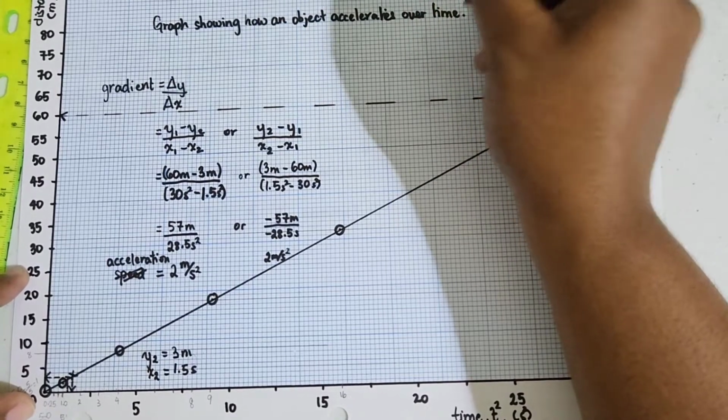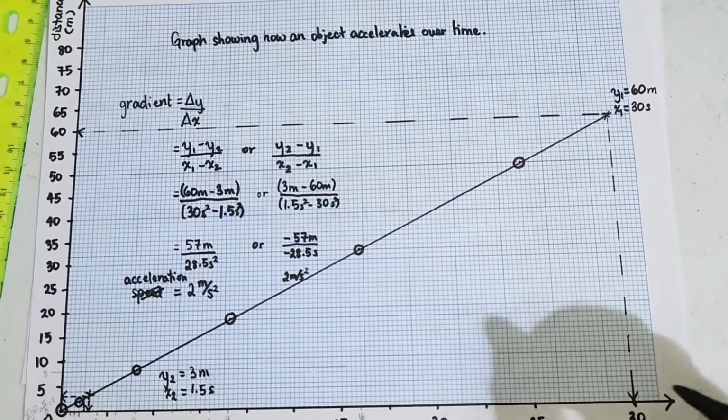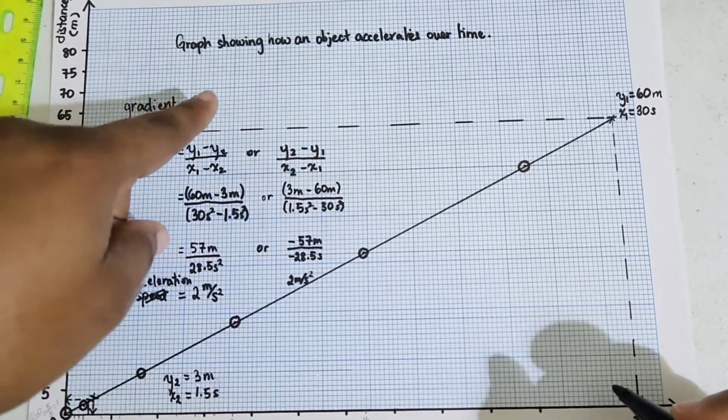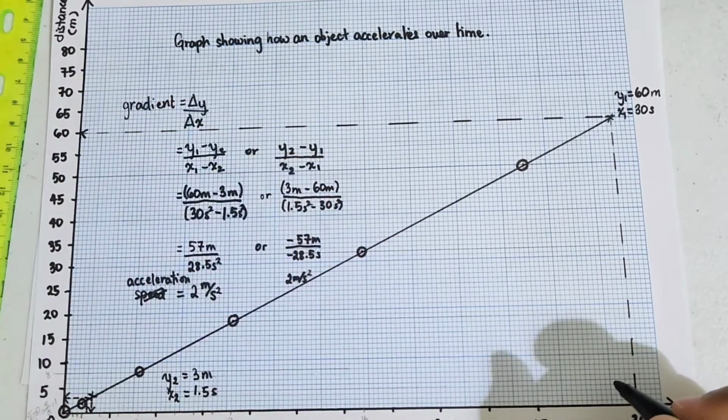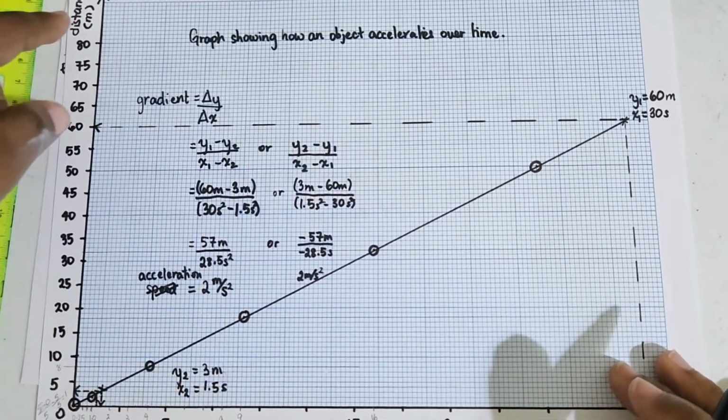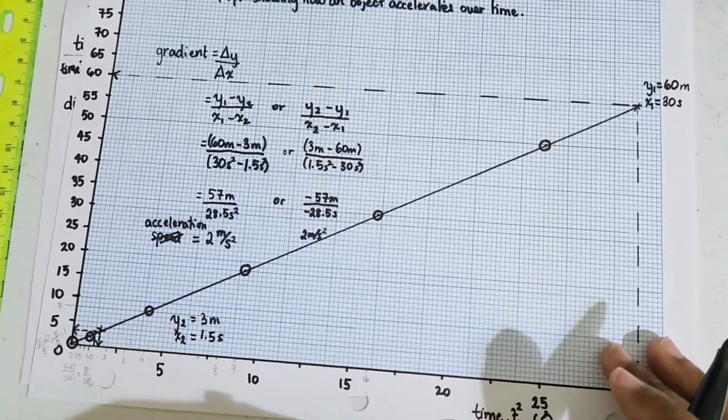Okay, or what you could write is graph showing distance versus time squared. You could actually write that. Just write simply graph showing distance versus time squared.